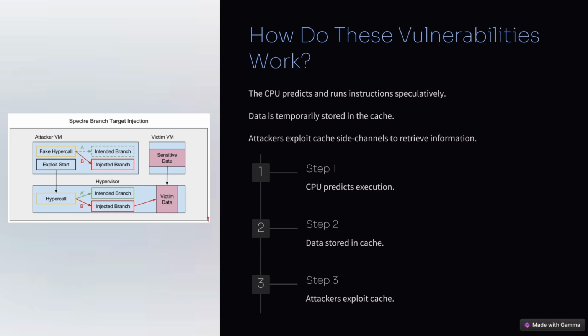Step 3, attackers exploit the cache. It means attackers can use cache side-channel techniques to extract sensitive information. Because these attacks don't leave traditional traces, detecting them is extremely difficult. Beside is the image showing how the working process takes place.